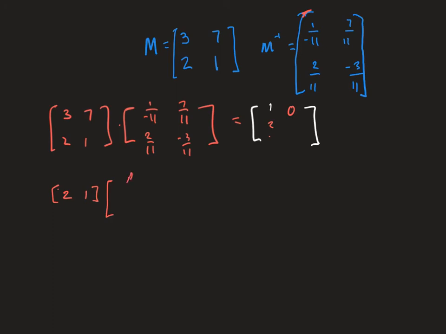So second row in the first matrix and first column in the second matrix. We get 2 times 1 over 11 plus 1 times minus 2 over 11. Quickly again, we take the first entry from the row times the first entry from the column, the second entry from the row times the second entry from the column, and we add them together. Here we get 0. So right in here, we get 0.